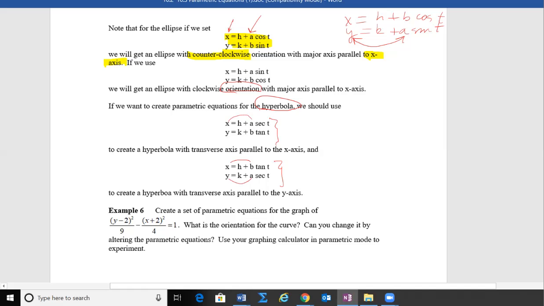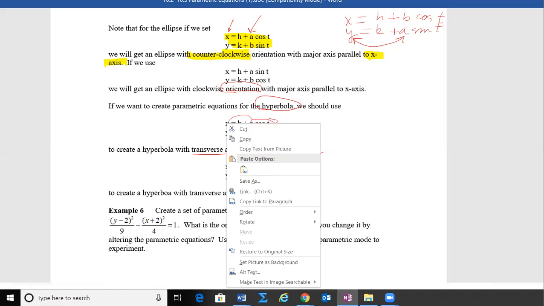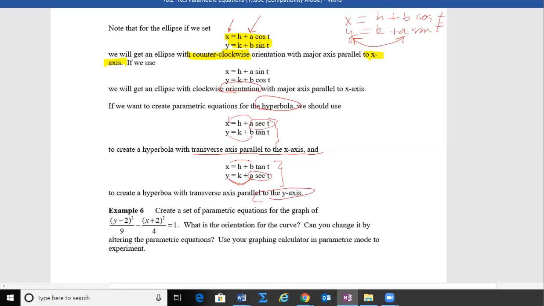You've got to be careful with the hyperbola because you have a minus sign involved. This one is transverse parallel to the x-axis, so we've got x and the a together with the secant. This one is transverse parallel to the y-axis, and notice that we have y, a, and the secant together. So the a and the secant determine which variable the transverse axis is parallel to.